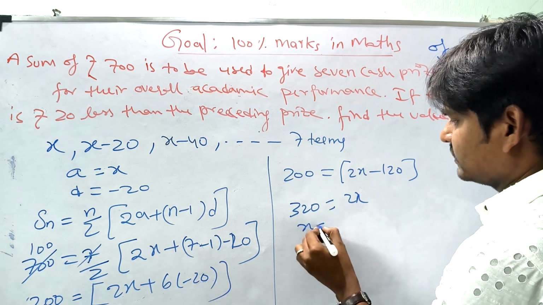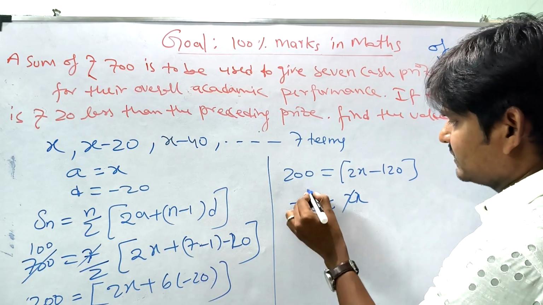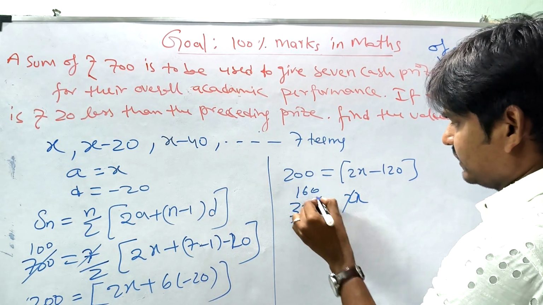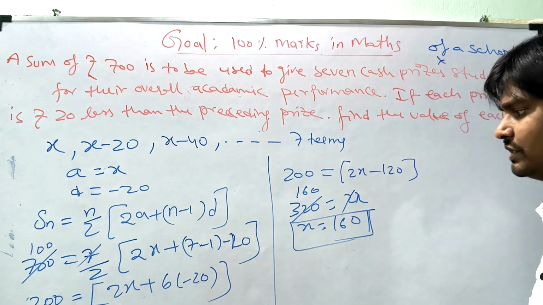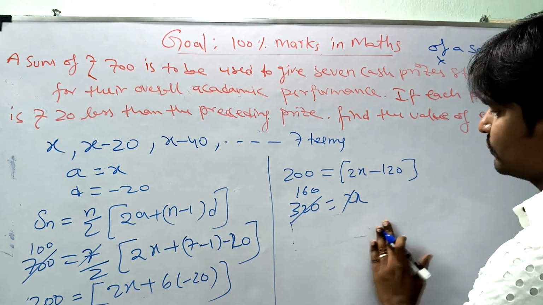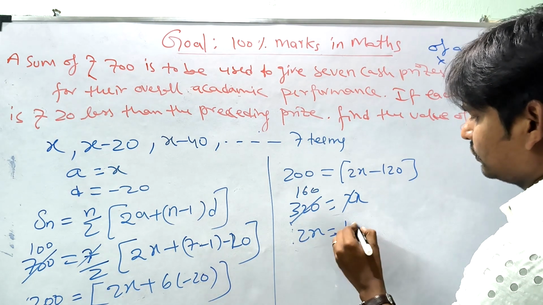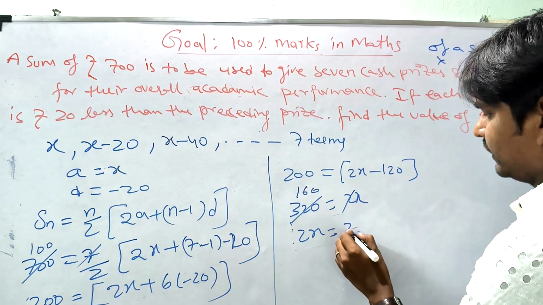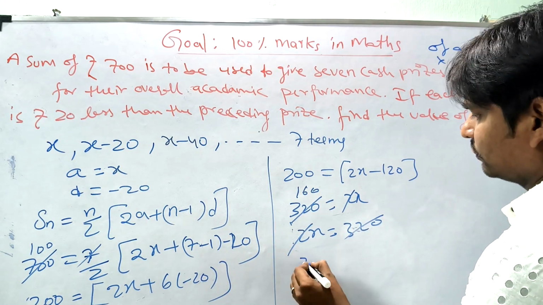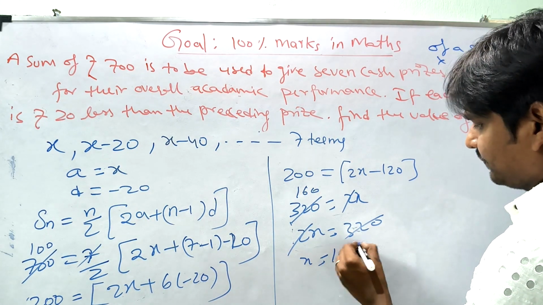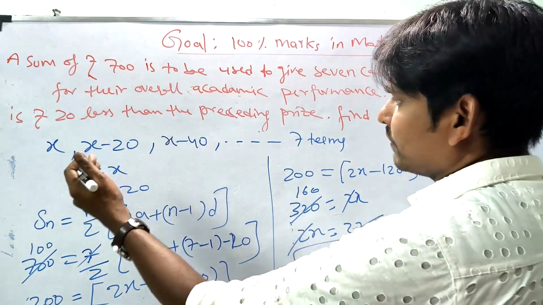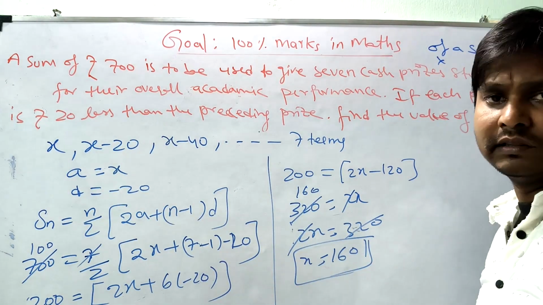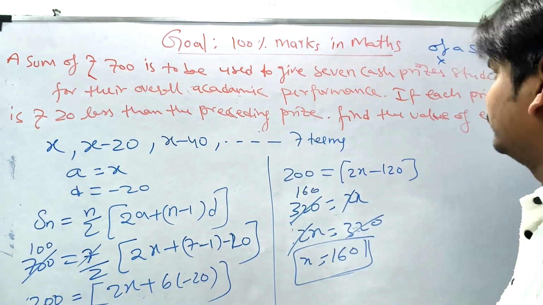From this x is equal to 160. The x value is 160. Don't get confused, okay? 2x is equal to 320, so x is equal to 160. Means the first prize is 160 rupees. Now if you substitute this value, you will get all the prize values.